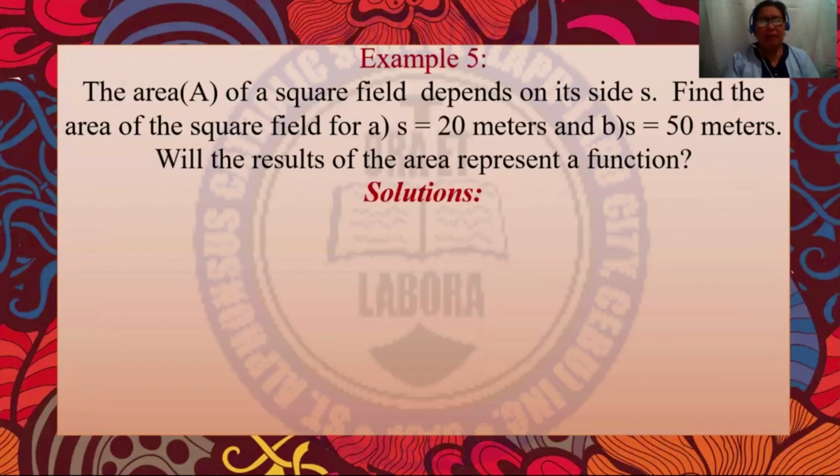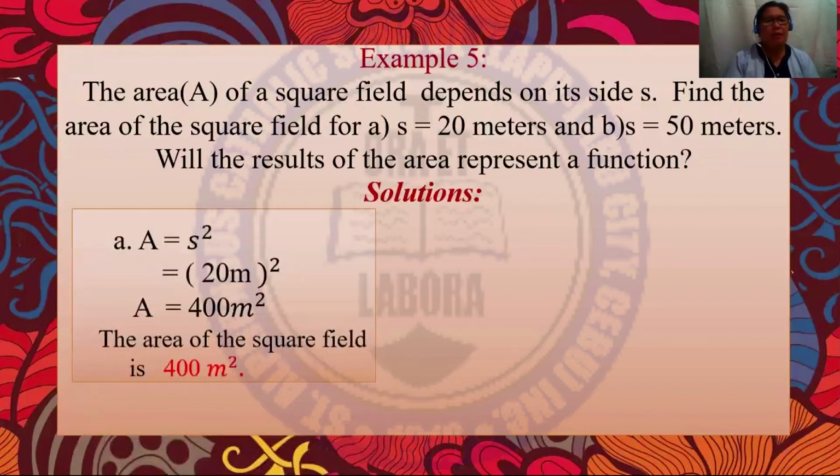Let us have example number 5. The area of a square field depends on its side, S. Find the area of the square field for A, S is 20 meters, and B, S is 50 meters. Will the results of the area represent a function? Let us have the solutions.